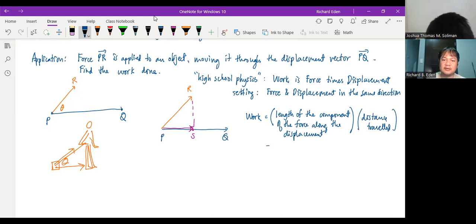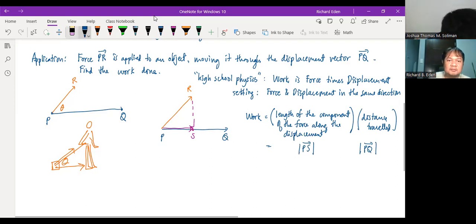Now the distance traveled would be the length of vector PQ. And the first factor, the length of the component of the force along the displacement, well, the component is PS, and so it's the length of PS.